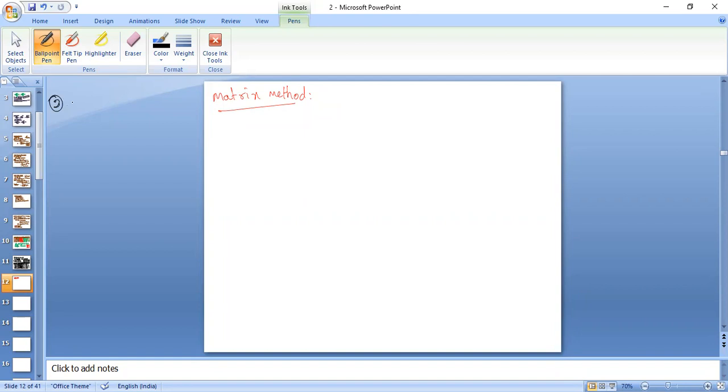Find the circular convolution of x1 of n and x2 of n is equal to 3, 0, 1, right?